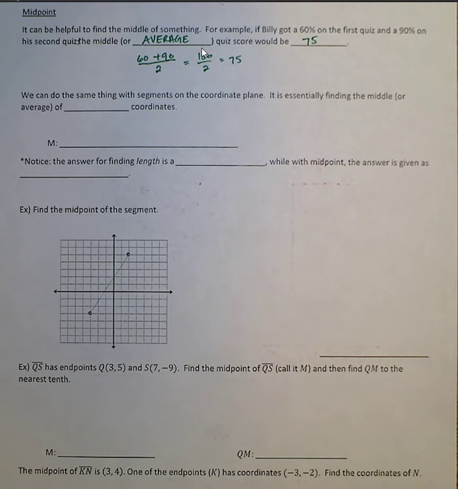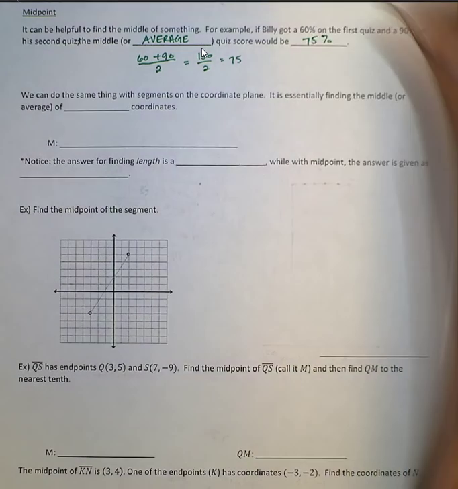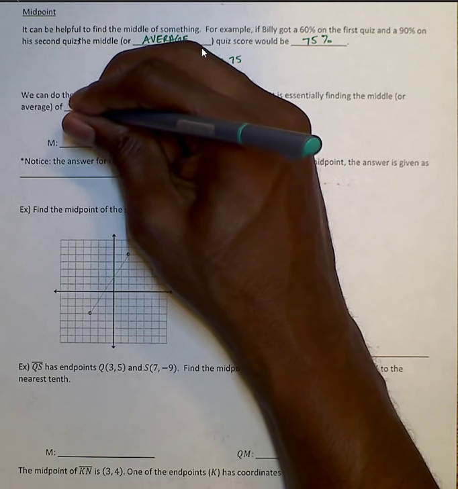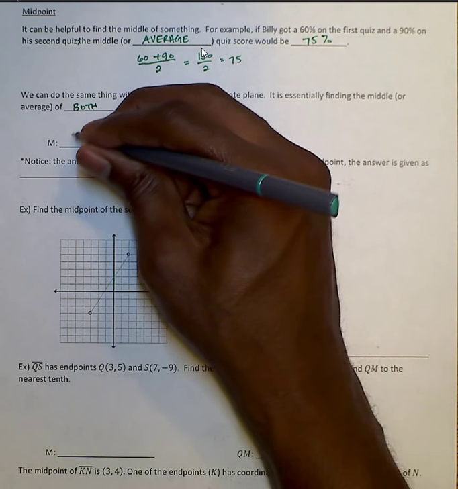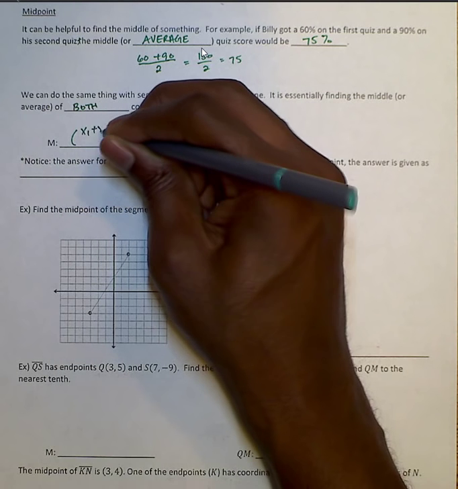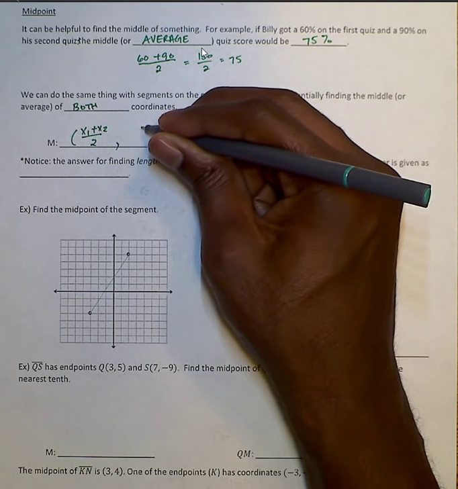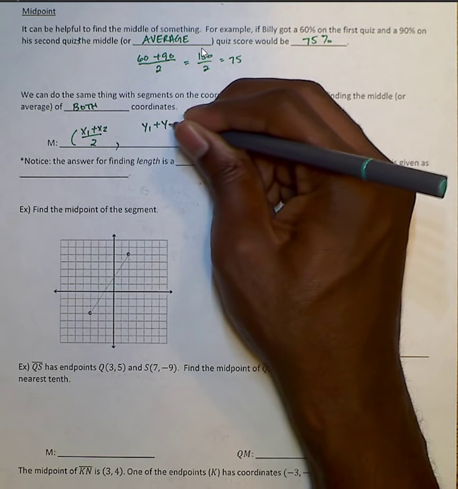Okay, percent. Okay, we do the same thing with segments on a coordinate plane. It's essentially finding the middle, or the average, of both coordinates. Okay, so the midpoint is, we'll take both coordinates, x1 plus x2, and divide it by 2, comma, do the same thing with the y's, y1 plus y2, and divide it by 2.